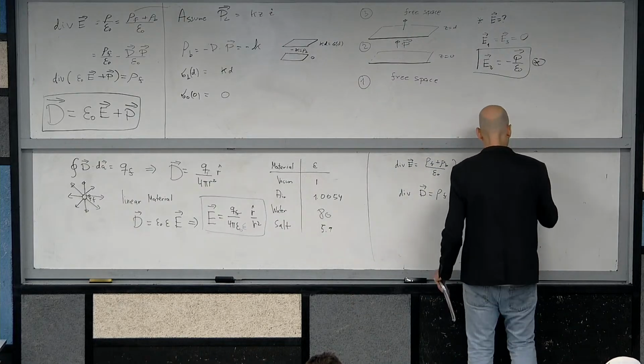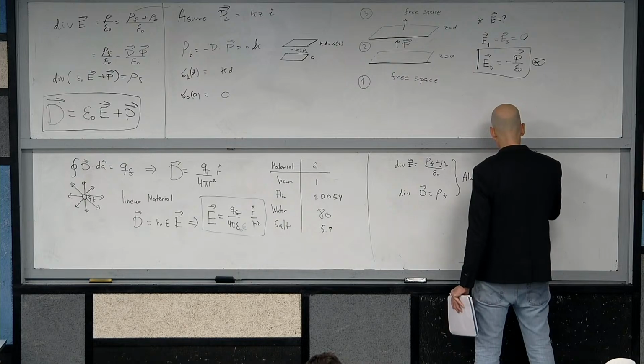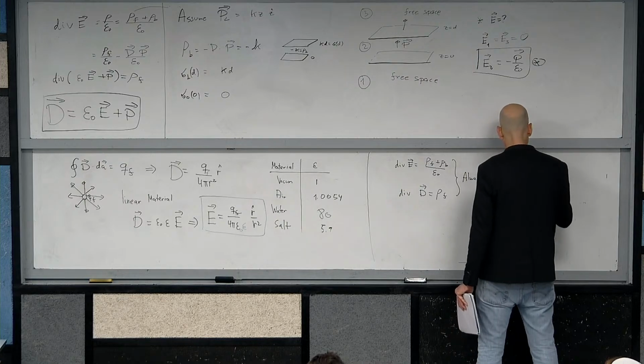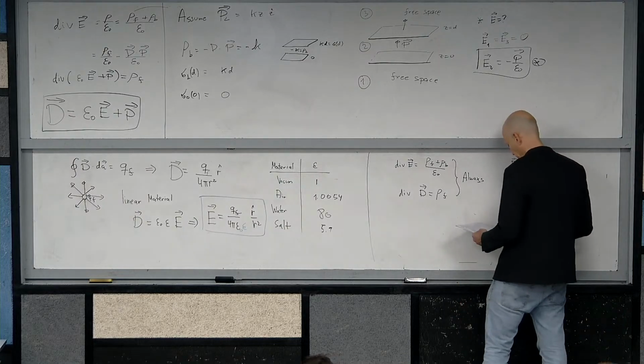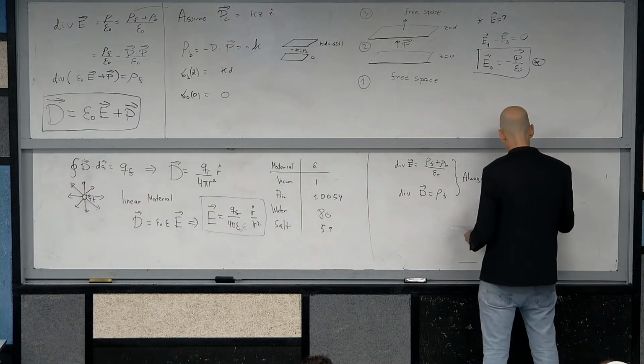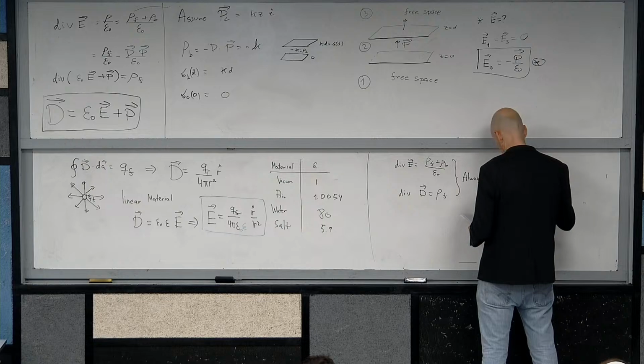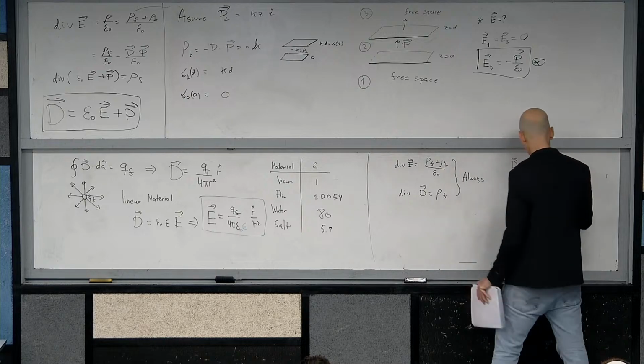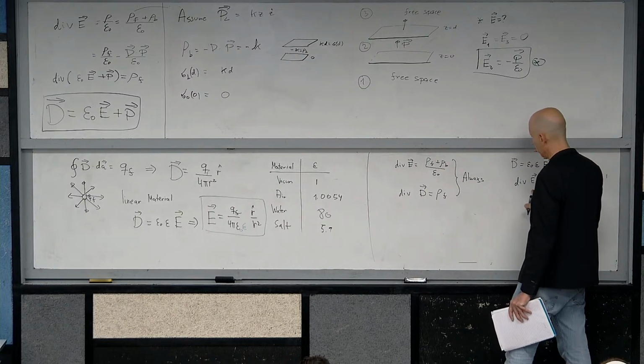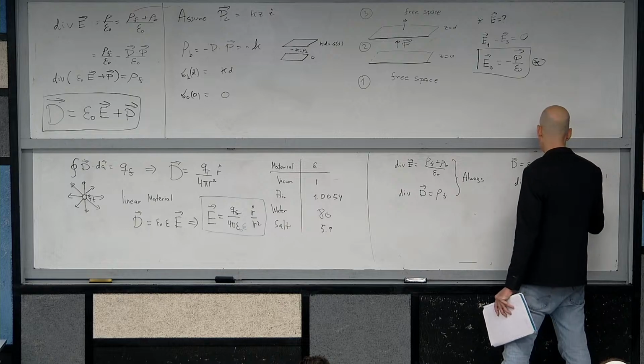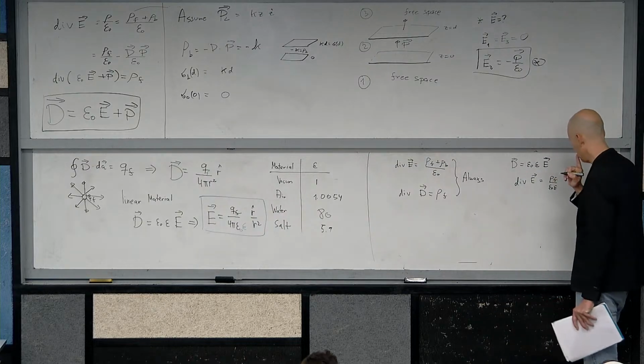In linear material, D equals epsilon E, and then div E is equal to rho free over epsilon 0 epsilon_r.